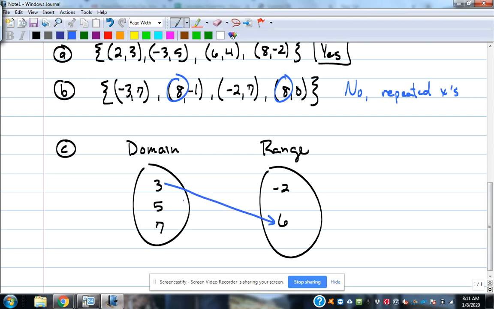So like 3 to 6 is the ordered pair (3, 6). And then 5 to -2. Let's do 7 to 6 as well. And we have to decide, is that a function or not based on the mapping. So we see two arrows going to the same range value, but range is what? Y. Is it okay for y's to happen twice? Yeah. Do any of the x's have two arrows coming from them? No. So is this a function? Yeah.